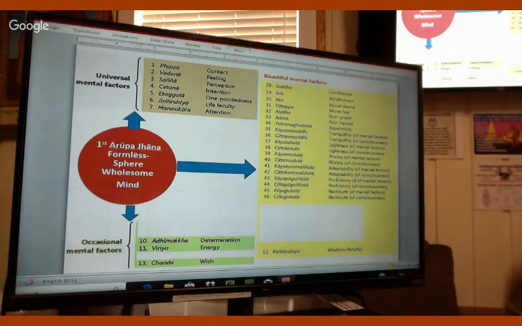Akarana also, you can apply to many. Wow. That's the benefit of what we learn in Abhidhamma. We want that kind of benefit, the wider understanding of this sutta, the teaching of the Buddha.